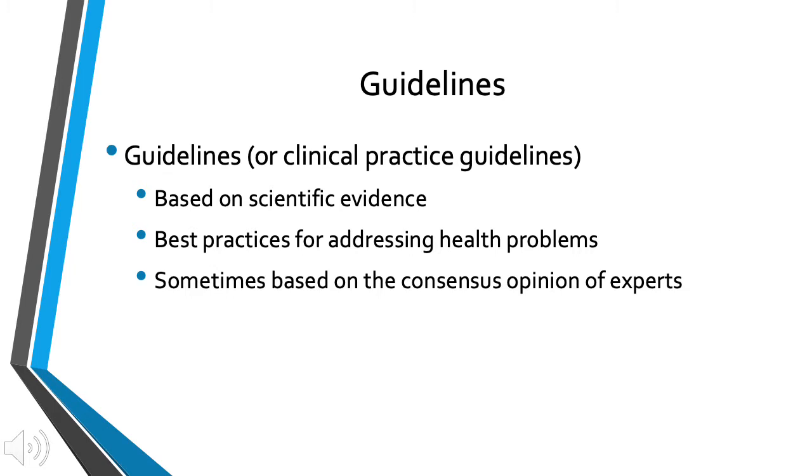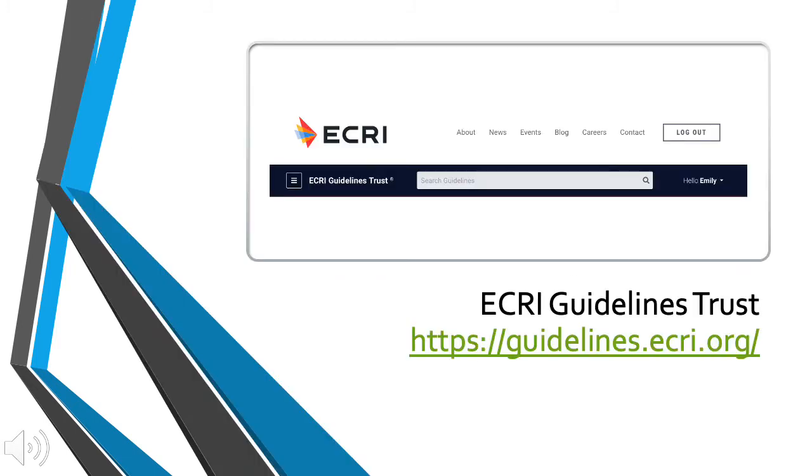Next, we will be highlighting some great resources to help you find evidence-based practice clinical guidelines. The ECRI Guidelines Trust is a publicly available online repository of objective, evidence-based clinical practice guideline content.